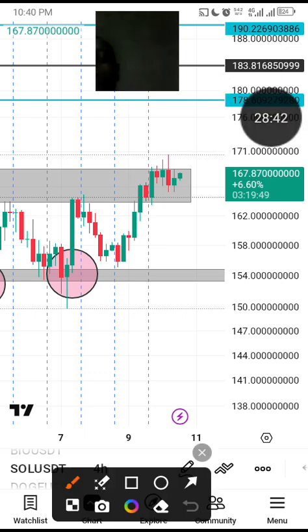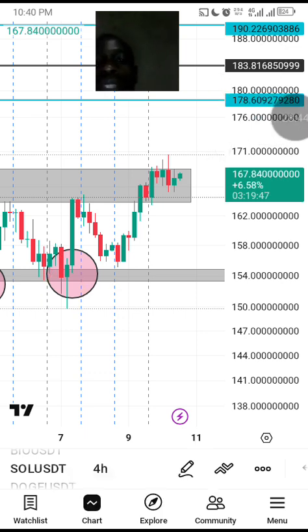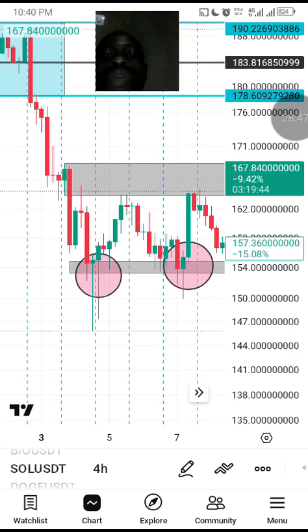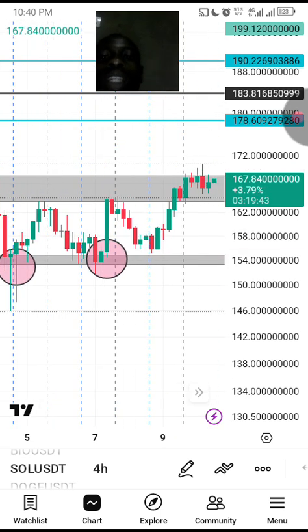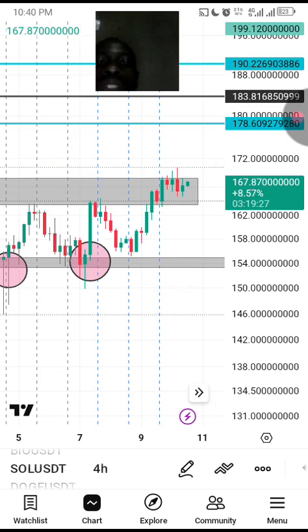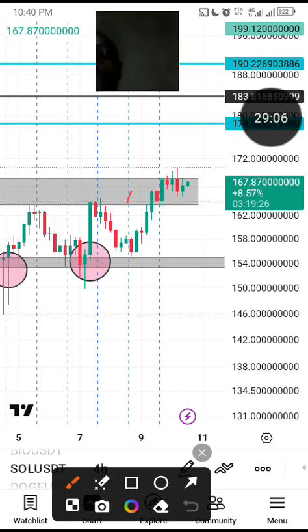Because remember here we have failed. This is a sideways market. And my advice, never trade in this zone, because anytime you can make losses. Never try to enter in this zone, but you can wait to see the movement.